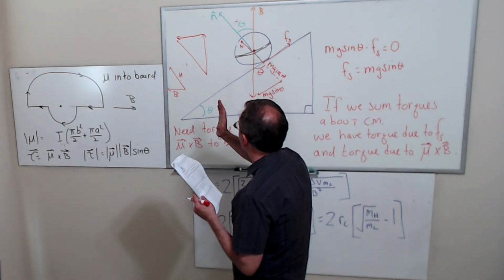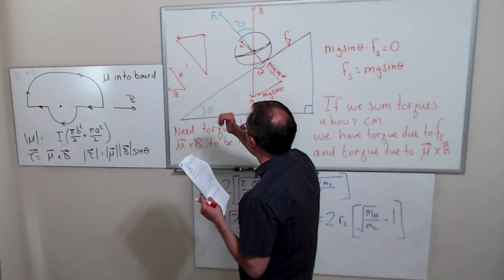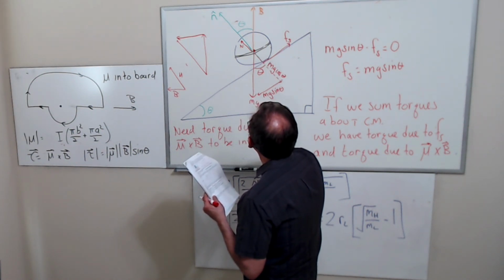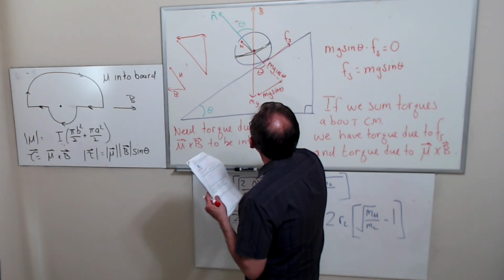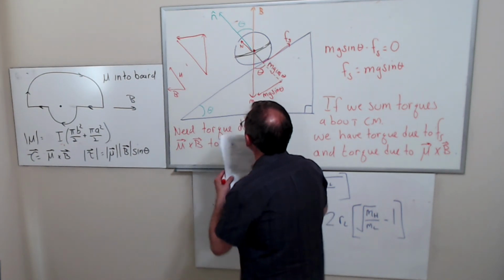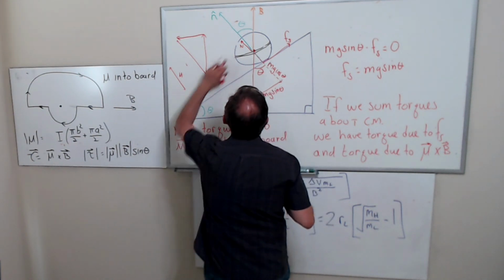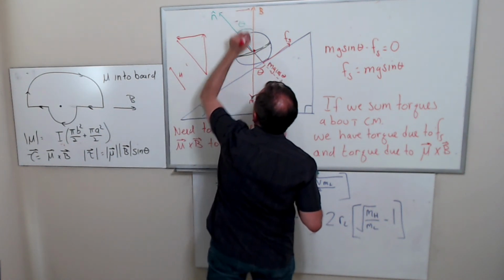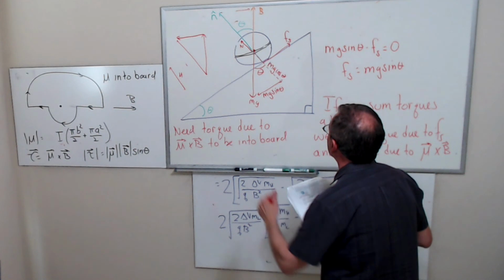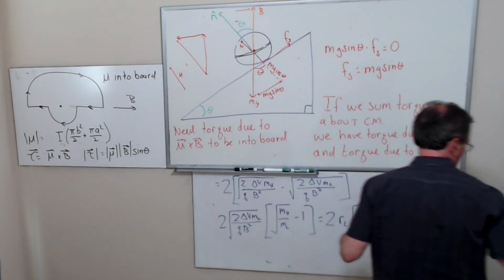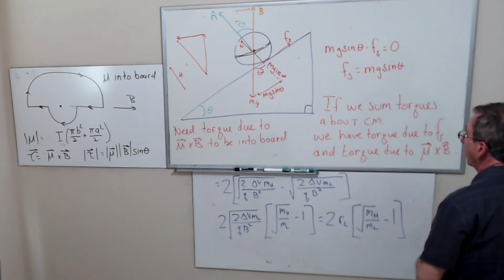Let me see if I did the cross product correctly. Actually, no, I think the component of B along this points this way. Sorry. It points this way. So it points inward. So it's got to point up so that the current's got to be like this, as viewed from above. Okay.